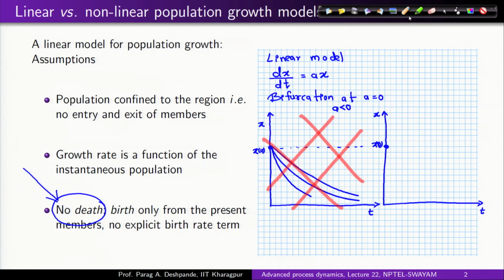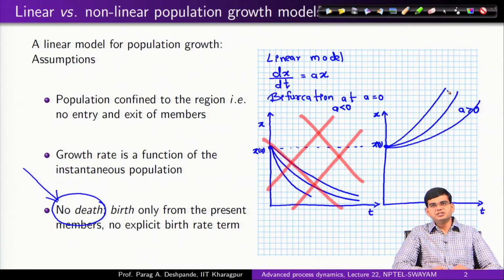So, then the second case is when a is greater than 0, a is positive, and now I have these different solution curves, which means that if I start with some population, with time my population is going to increase. It makes sense, right?